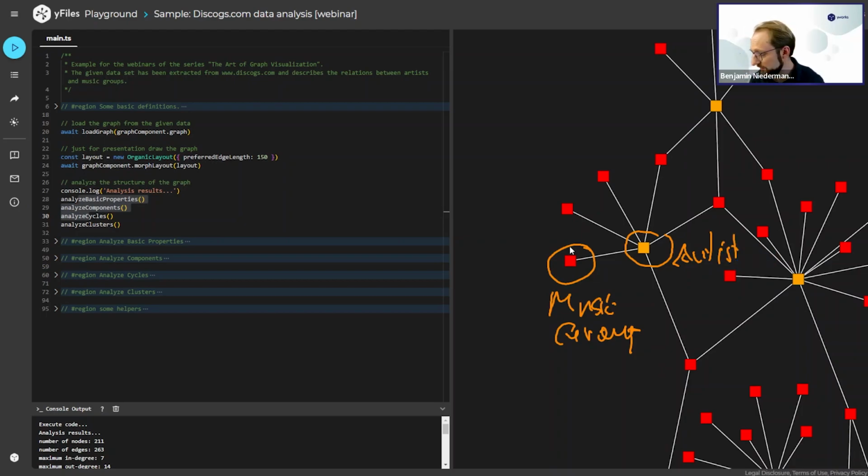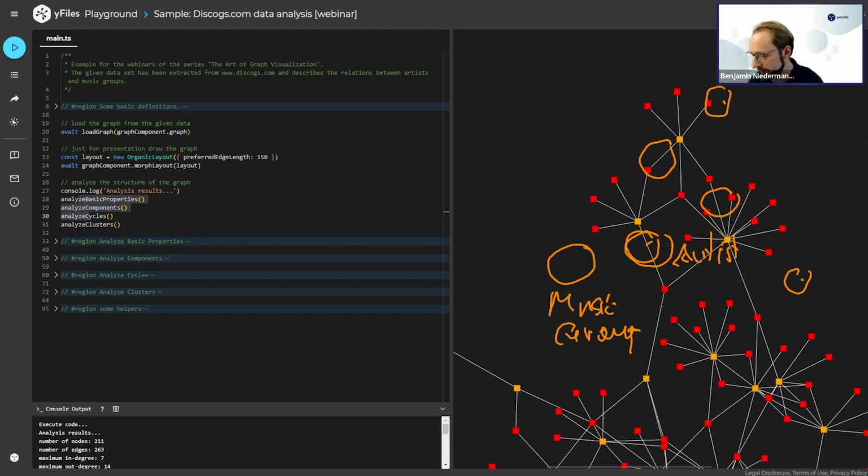And I've connected them if the artist was a member of this music group. So it's a really simple relation. And of course, what can happen is that multiple artists, for example these 3 here, have been in the same music group. And then we have this music group, and these 2 artists were in this music group as well. So we get some kind of information about how our data looks.